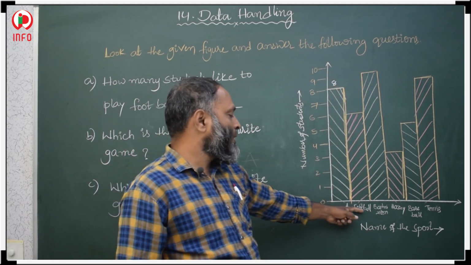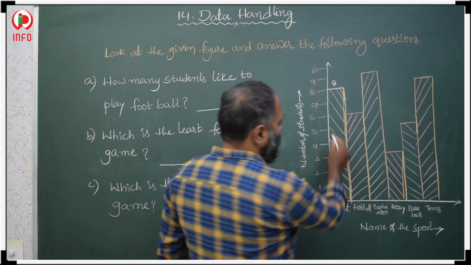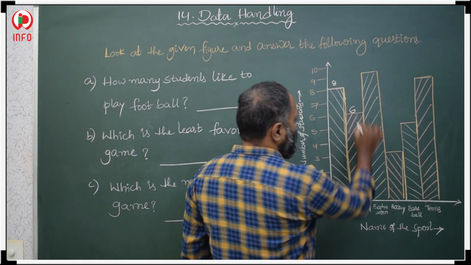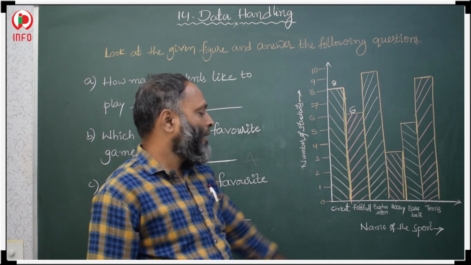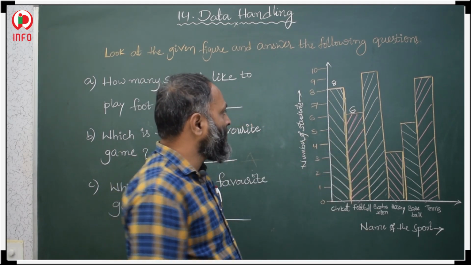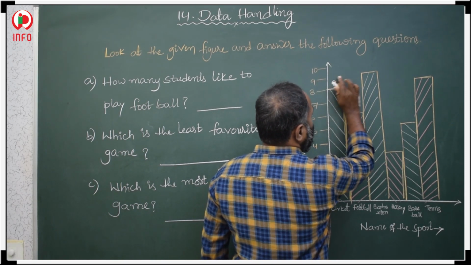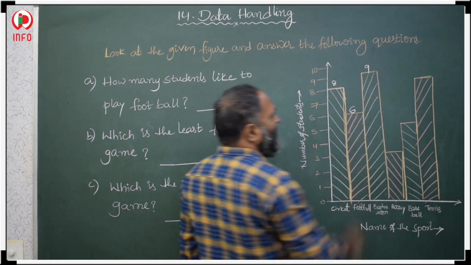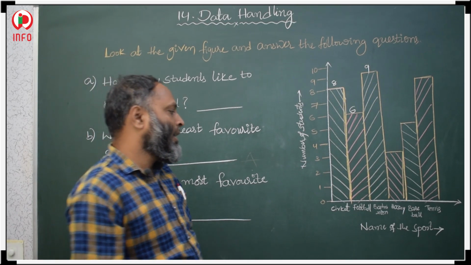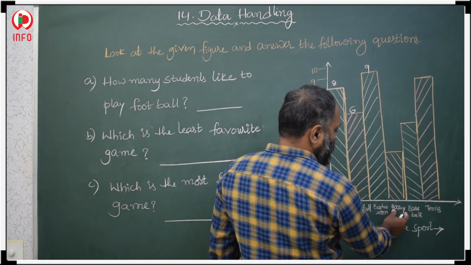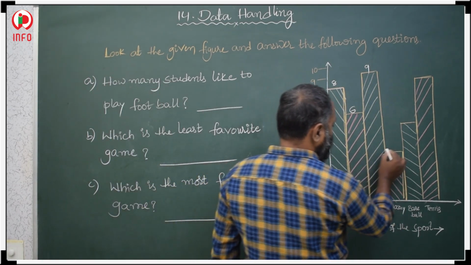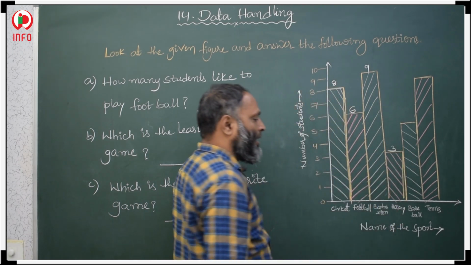How many students like football? 6 students like football. How many students like badminton? 9 students like badminton. How many students like hockey? 3 students like hockey.